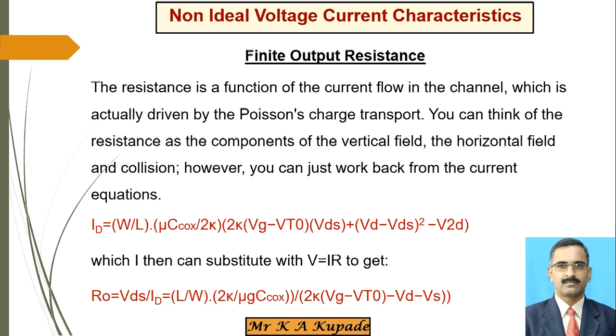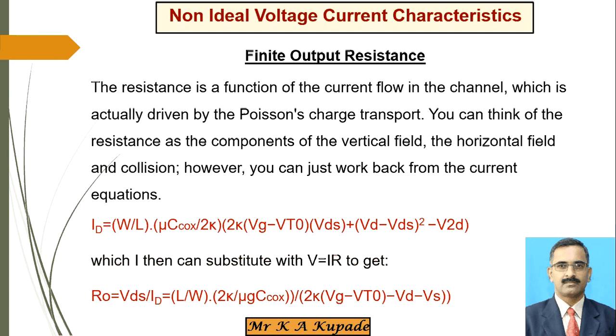Why? Because of the voltage applied to the gate terminal as well as VDS. That is the thing, right? And the resistance is a function of the ID current. Remember that.